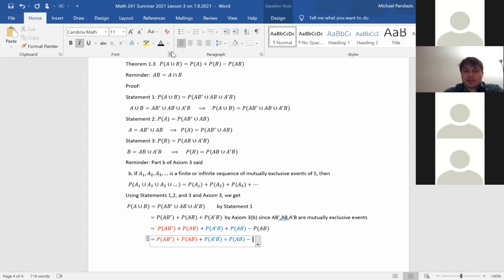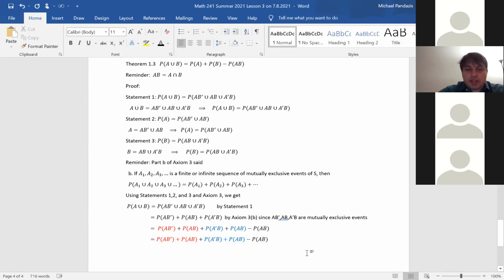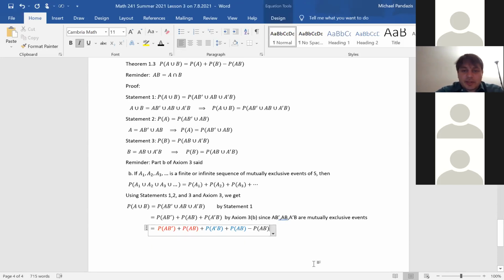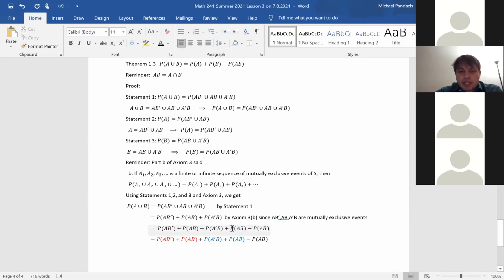And then minus P of AB. Okay, so I didn't do anything in this step. I'm just coloring it in. So we added and subtracted P of AB here, right? So we ended up with the same thing. Now I'm just coloring it in.